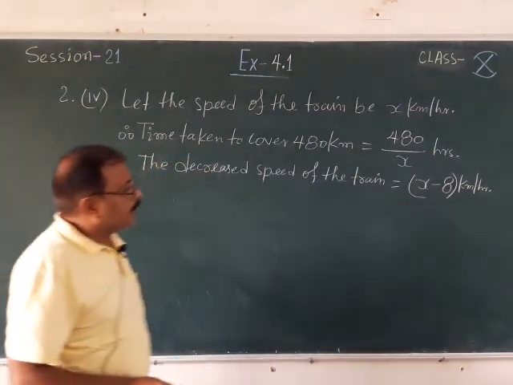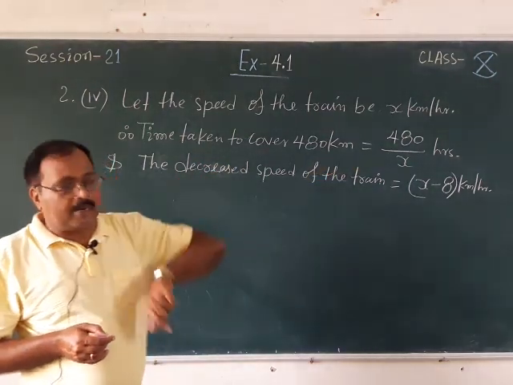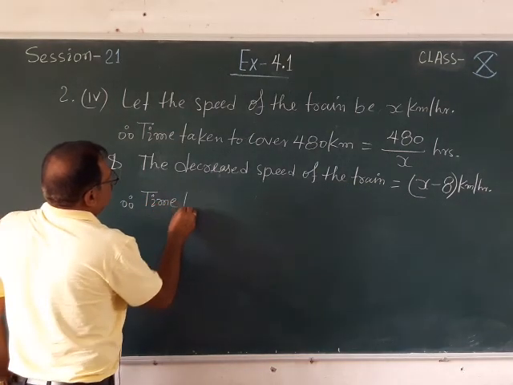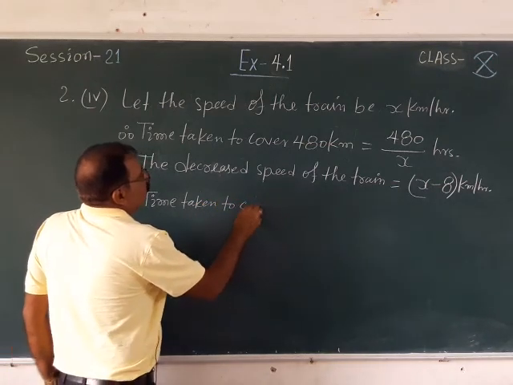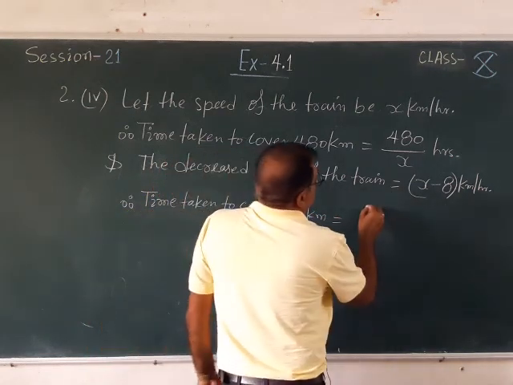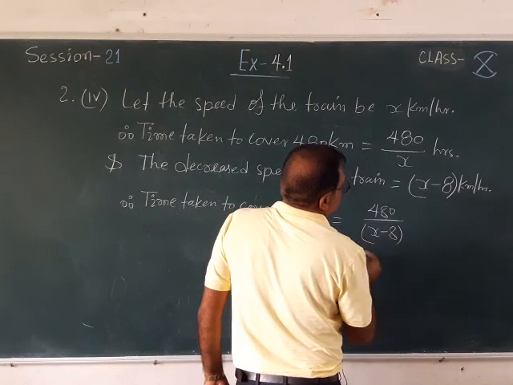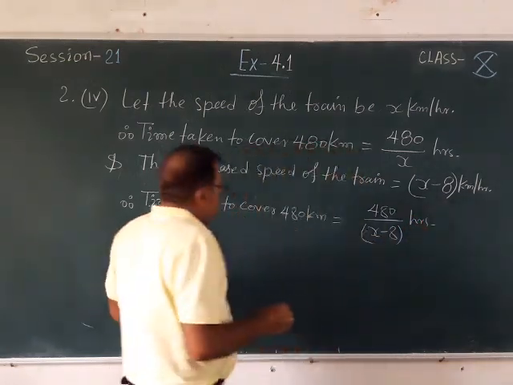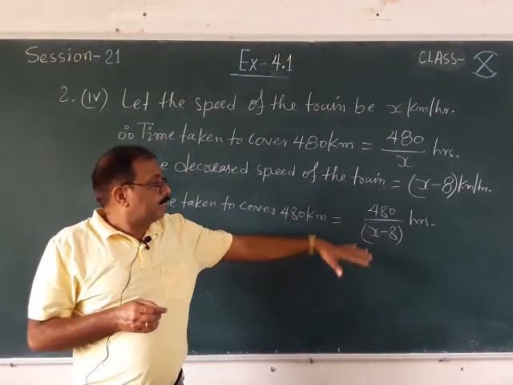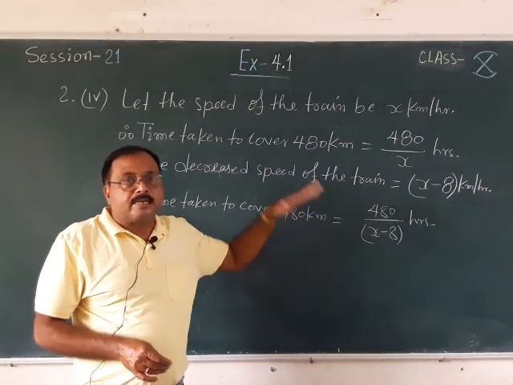This is the new speed of the train. Therefore, time taken to cover the same distance, that is 480 kilometer, will be distance by speed.